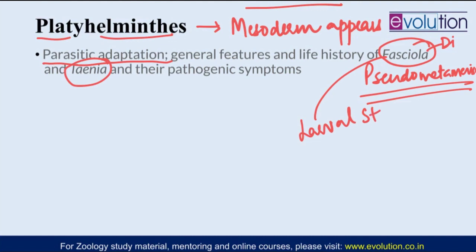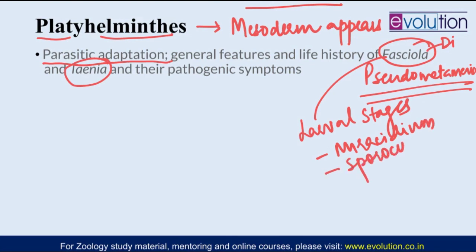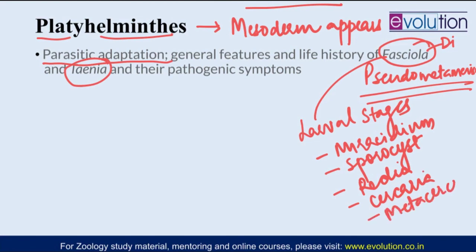The larval stages start from miracidium, then there is sporocyst, then there is the redia, there is cercaria, and there is metacercaria. All the diagrams are very important, and the different larval stages, and which one gives rise to the next one, that is also something very important here.